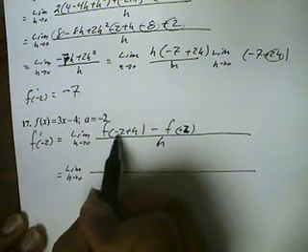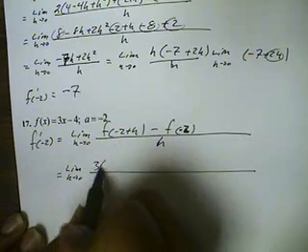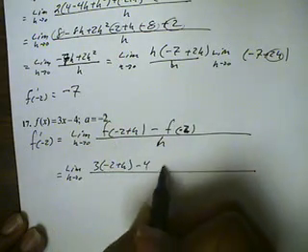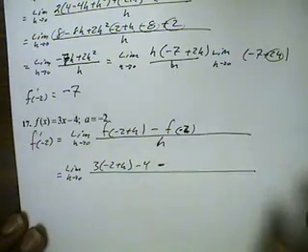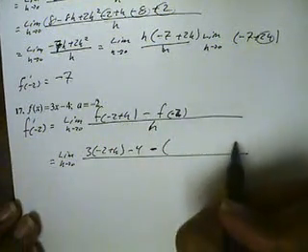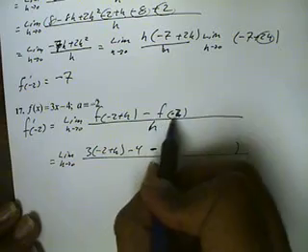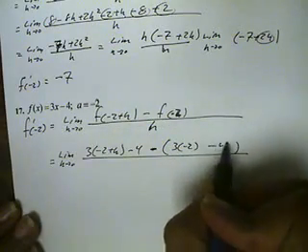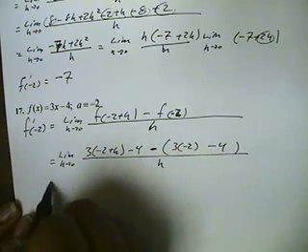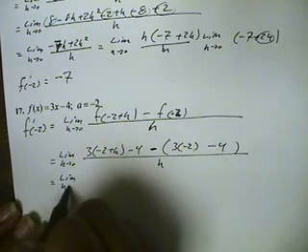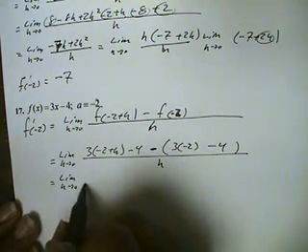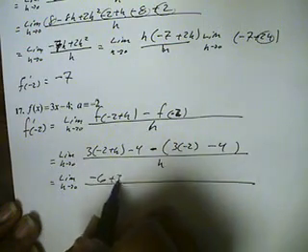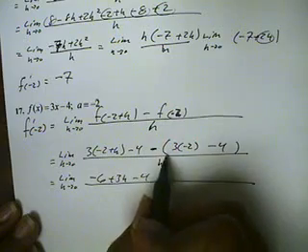Everywhere we see an x, I'm going to put a -2 plus h, so 3 times (-2 plus h) minus 4, then a minus sign, and then from here, parentheses. Everywhere I see an x, I'm going to put a -2 now. So this will be 3 times -2 minus 4, all over h. Now a little distributing will give me -6 plus 3h minus 4.